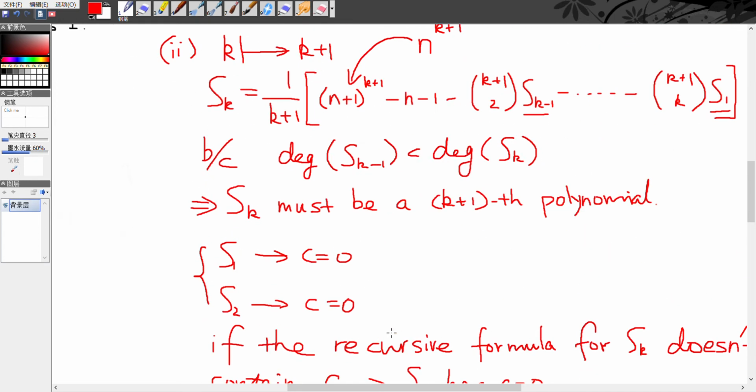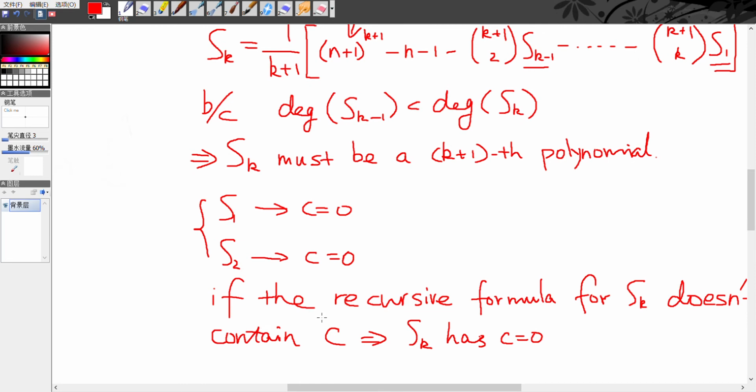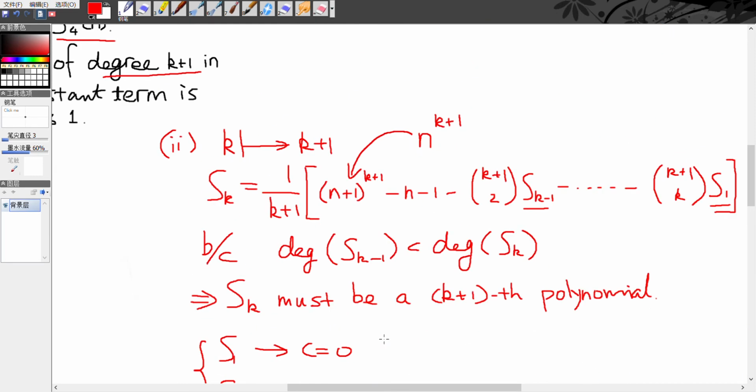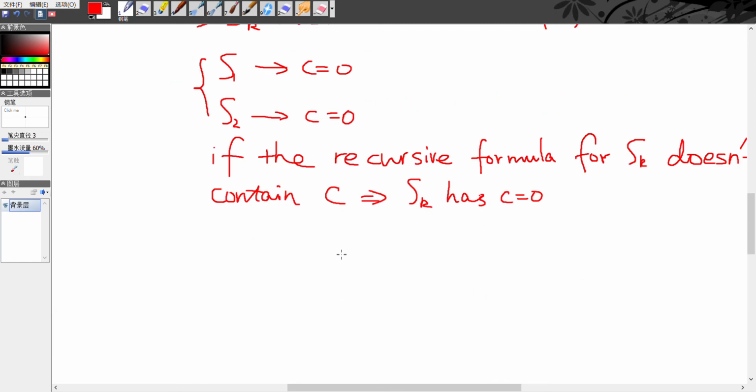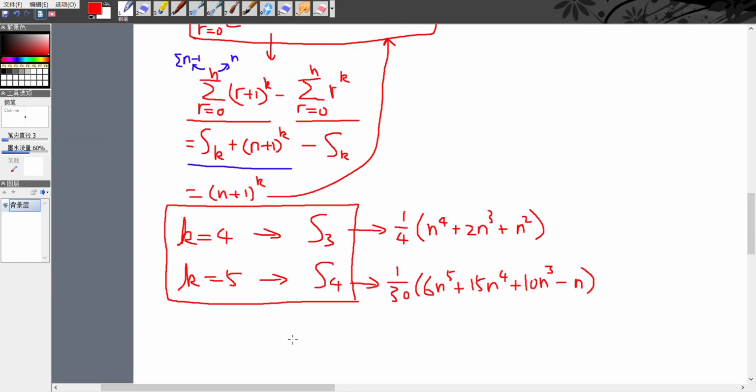And apparently in s_k the constant term is indeed 0, because if you binomially expand this term, it will give you a 1 as a constant term, and additionally there is a minus 1 right here, which cancels out with the 1 that appeared in the binomial expression. So apparently s_k has c equals 0, which is not very hard.